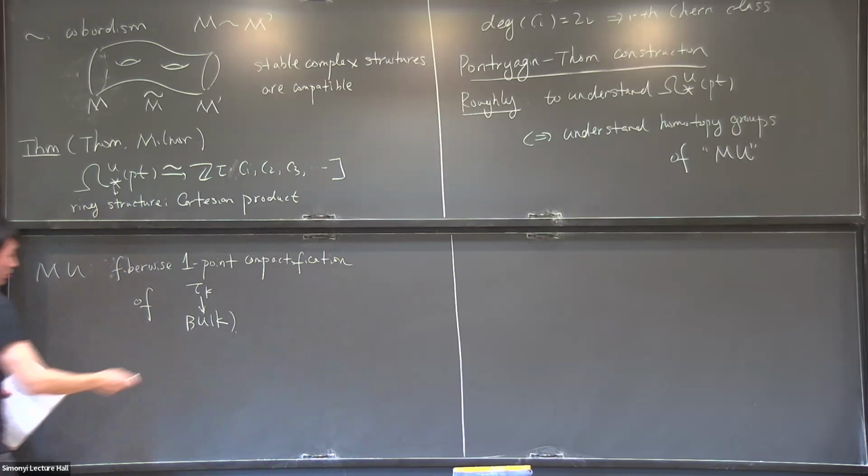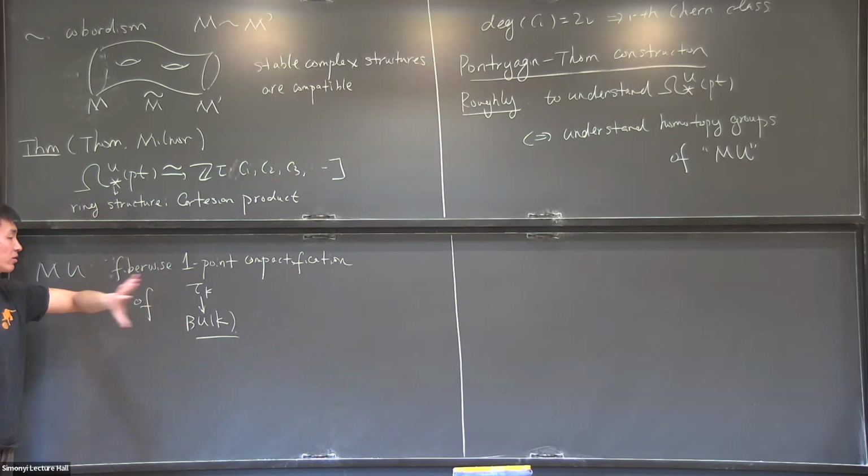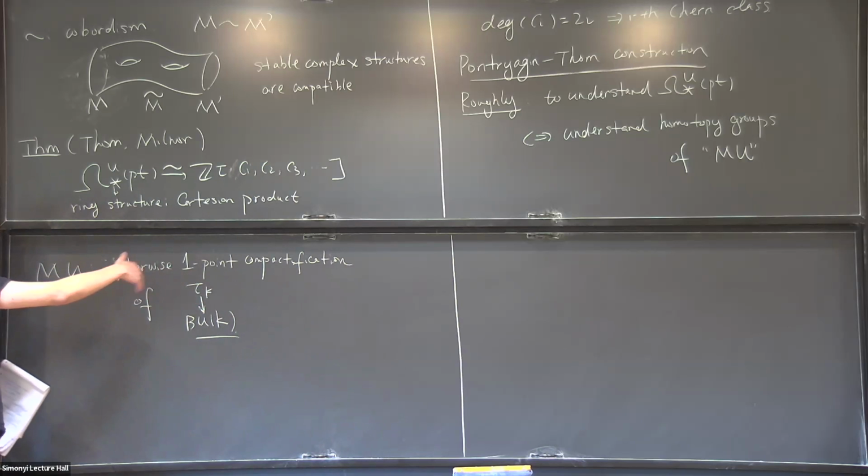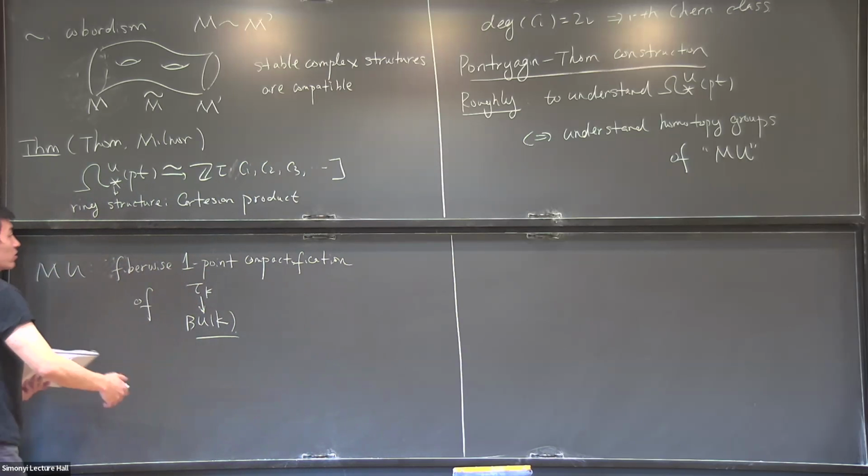So this is a classifying space classifying complex vector bundles of rank K, and over it lives the tautological bundle, the universal bundle. And we can do this fiberwise one-point compactification. Each fiber, originally a Euclidean space, becomes a sphere. And we can try to go from these spaces to understand cobordism.